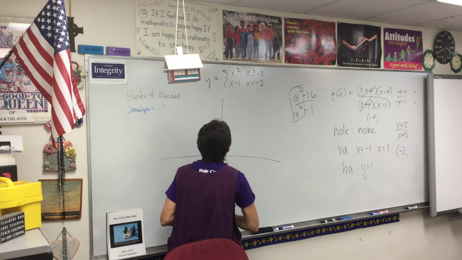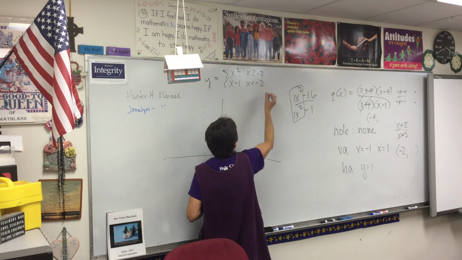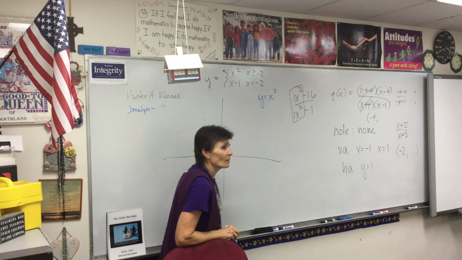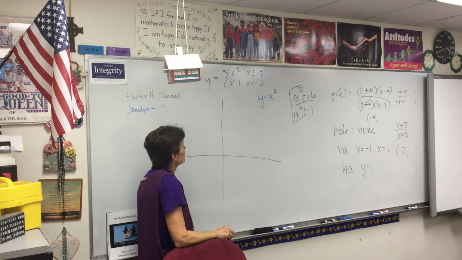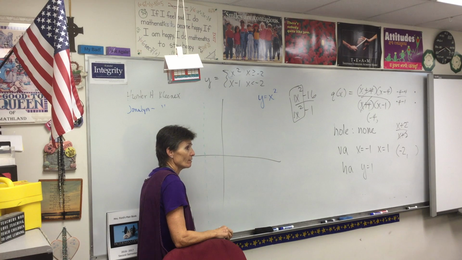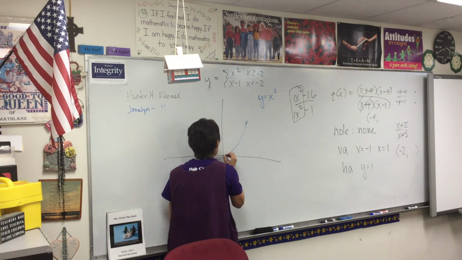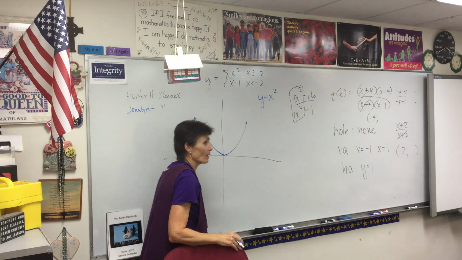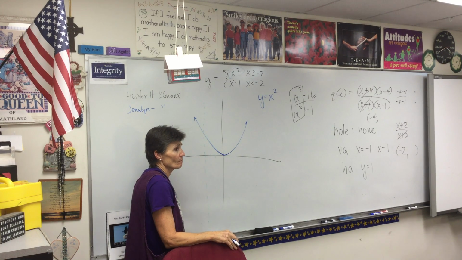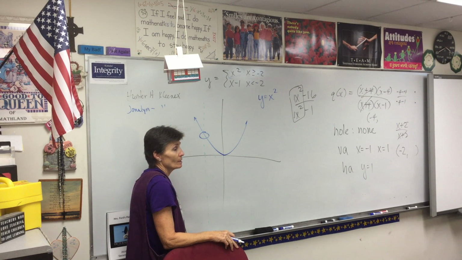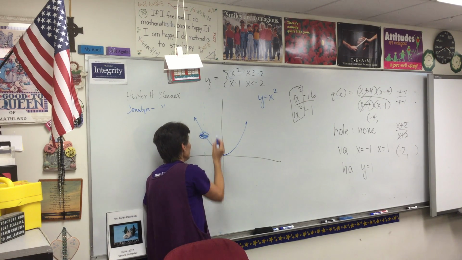So the first equation is y equals x squared. Well, I know what that is. y equals x squared is a parabola, vertex at the origin, opening up, right? And it hits right here, and it's going to be a closed circle.